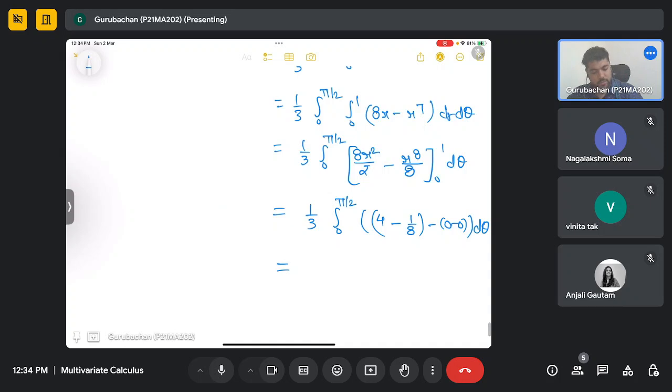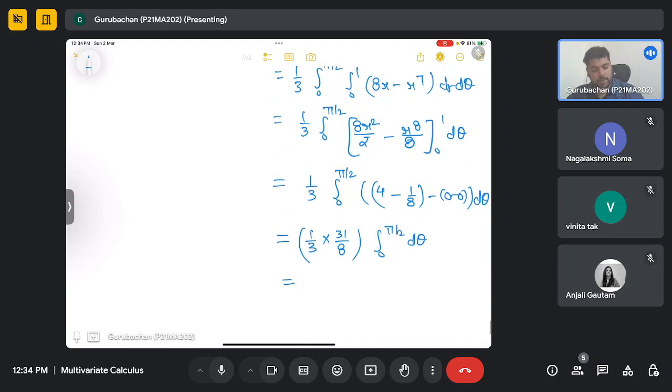So this will be 1 by 3 into 31 by 8. The remaining integration is 0 to pi by 2 d theta, and this will be 31 by 24 theta from 0 to pi by 2, which will give us 31 pi by 48.